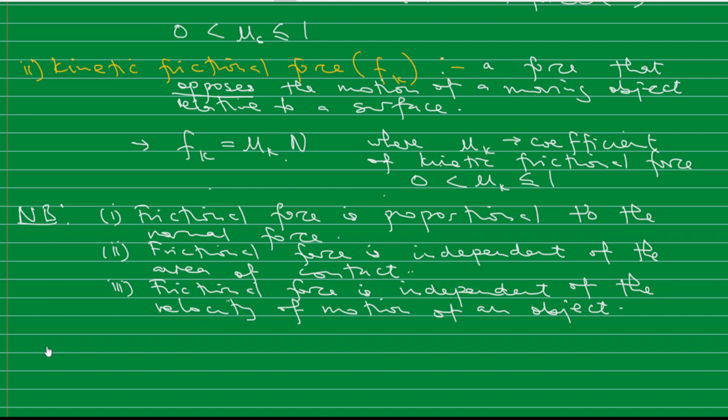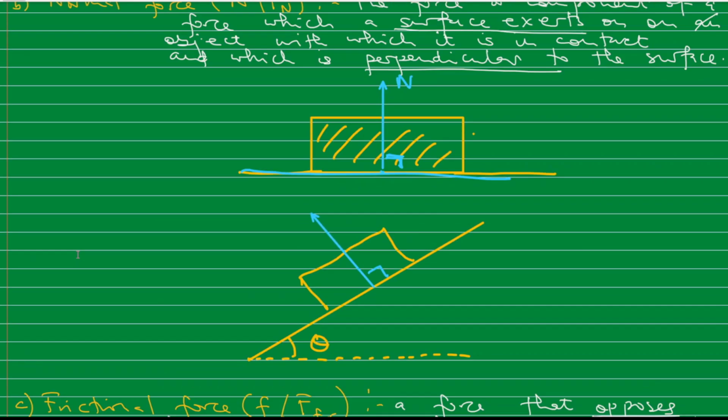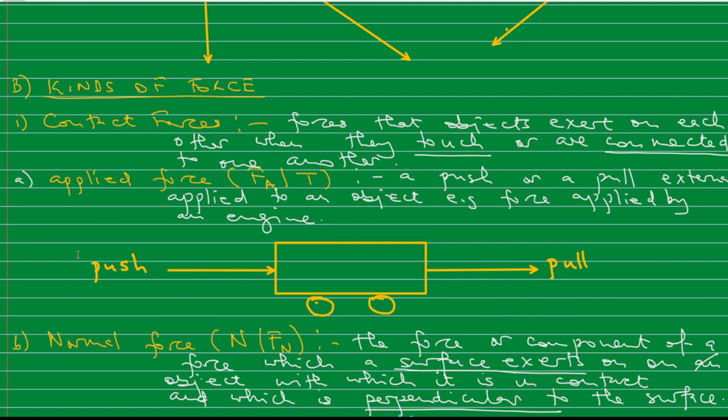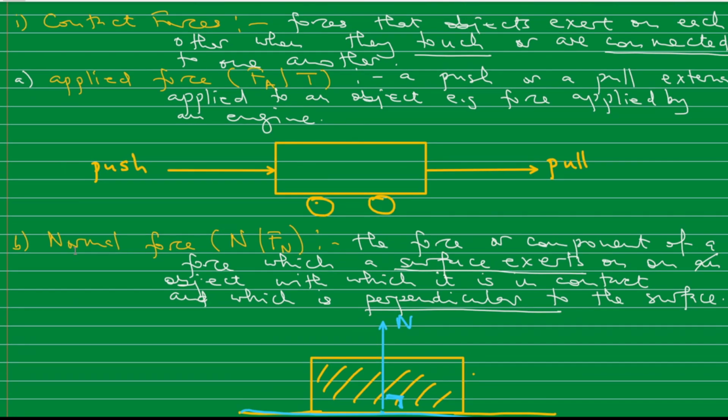So we have listed the applied force, which is a contact force, and we have the normal force, which is also a contact force. We have the frictional force, the static frictional force, and the kinetic frictional force.